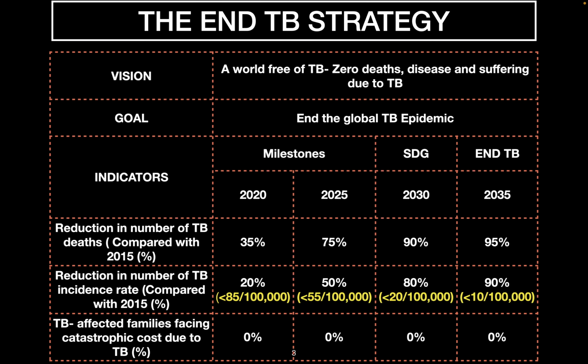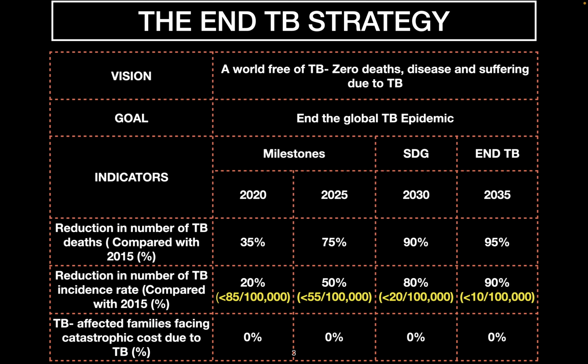Now, whenever such strategies are framed, the broader indicators revolve around morbidity and mortality, right? So the first indicator which has been kept is mortality. Can we reduce the number of TB deaths? Yes, we can definitely reduce, and we are reducing it.